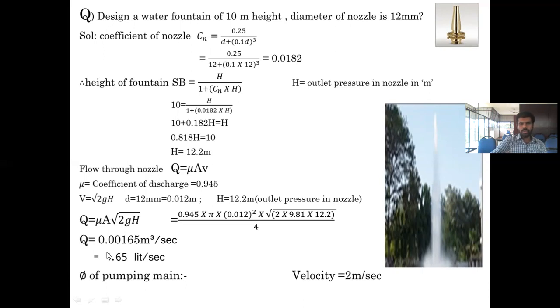You got the Q value. So can you easily find out the diameter of the pumping main? Which formula will you be using? You know velocity, you know discharge. From there, can you find the diameter of the pumping main?